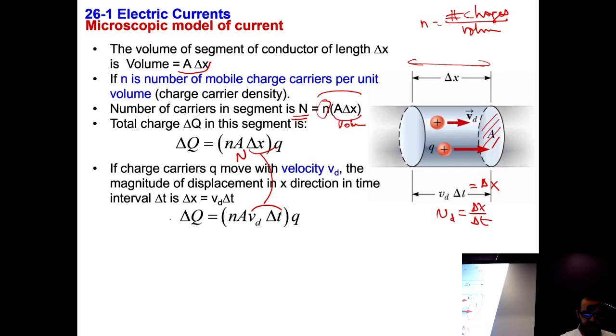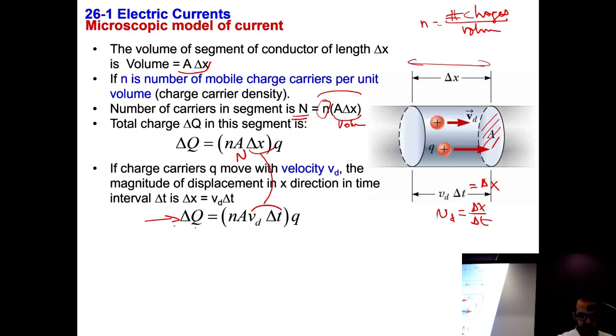So we end up with this equation: delta Q is equal to n, the number of charges per unit volume, times the cross-sectional area A of this conductor, times the drift velocity, times delta t, times the charge of each of these charges, which is usually e, 1.6 times 10 to the minus 19.